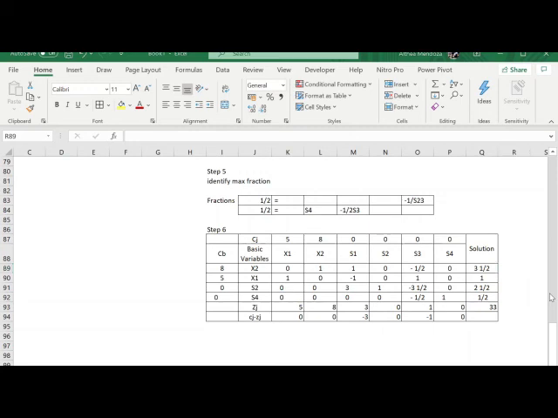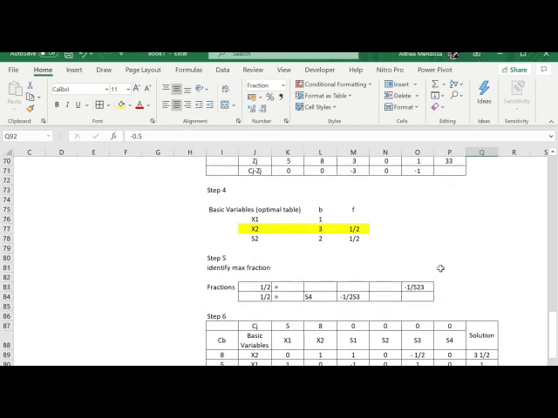We would have to create this based on duality. Kunin natin ngayon yung ating entering variable. Divide lang natin siya. But, our pivot row, by the way, this is negative, kasi negative yung nakalagay dito sa taas.